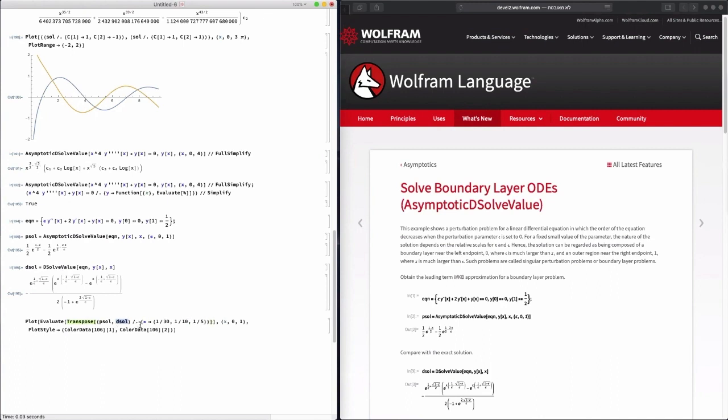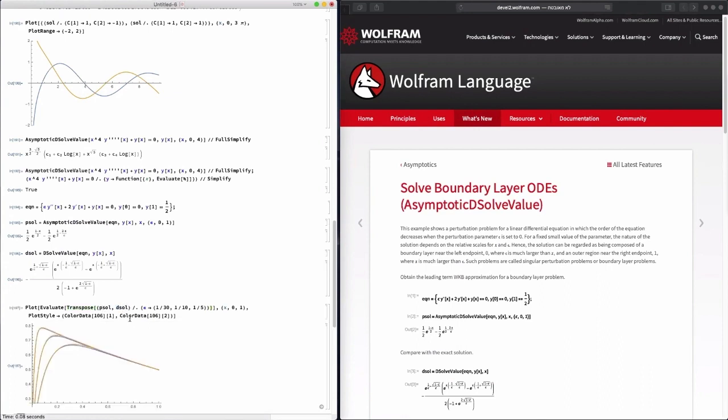Now there's this weird transpose thing in here. That's because when we substitute in for epsilon, we're going to get a 2-row, 3-column matrix of the 3 approximate solutions and 3 exact solutions, and I'm going to transpose that so we pair each approximate solution with its corresponding exact solution, and then plot those.